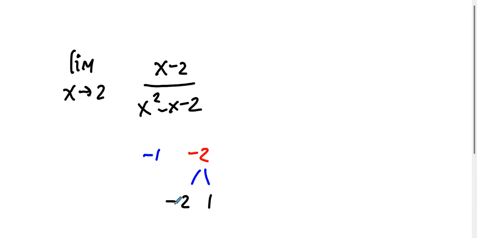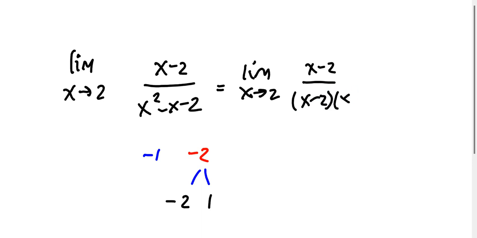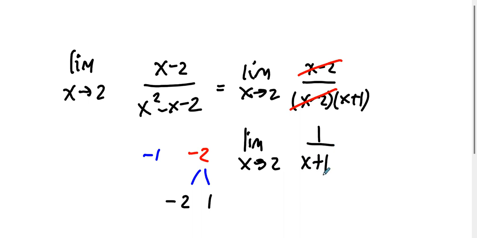So now we know that this expression is equal to, let's rewrite our limit. Make sure to always be rewriting your limit until you solve it, of x minus 2 over x minus 2 times x plus 1. Now, as you can see here, we can cancel out some factors, these two. And now we're just left with the limit as x approaches 2 of 1 over x plus 1.